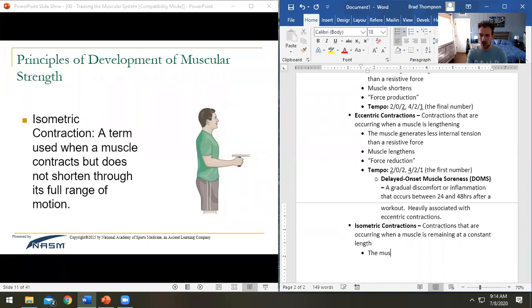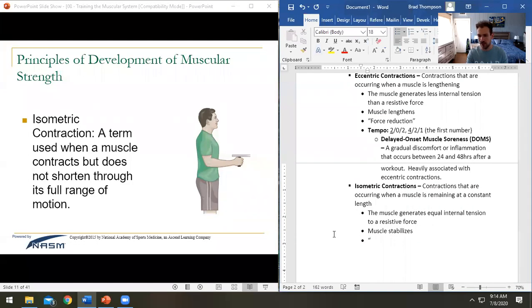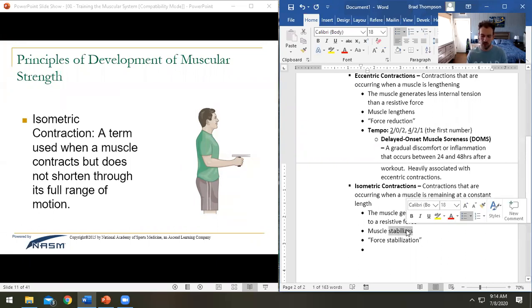The muscle generates equal internal tension to a resistive force. So your muscle stabilizes. Or we can think of it as force stabilization. So your muscle stays constant.